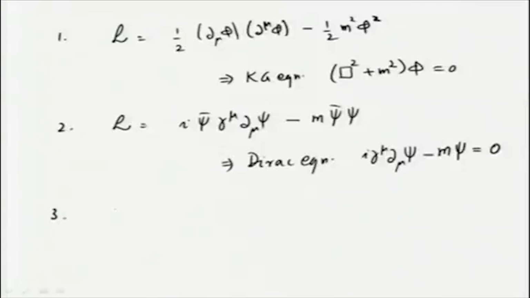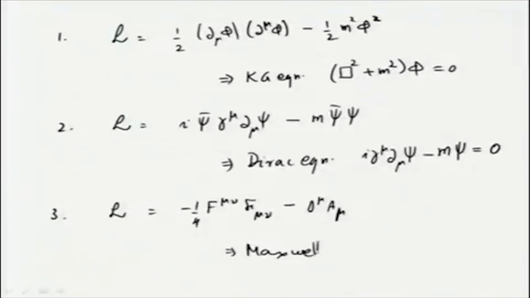And then we considered the Maxwell's Lagrangian, minus 1/4 F_{μν}F^{μν} minus j^μ A_μ, and that gave Maxwell's equation ∂_μ F^{μν} equal to j^ν.